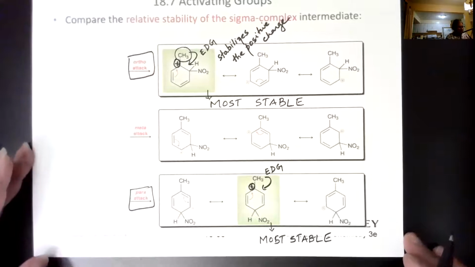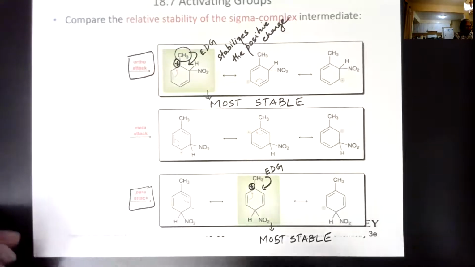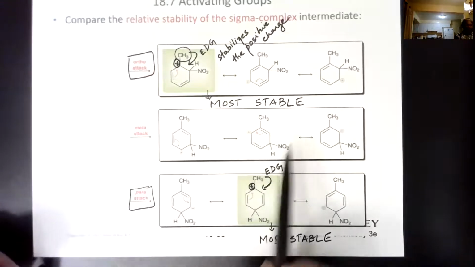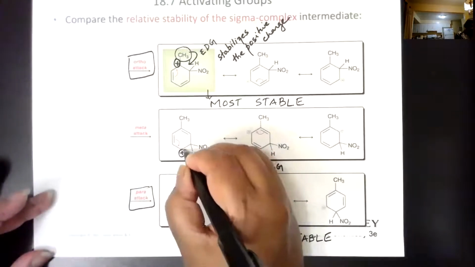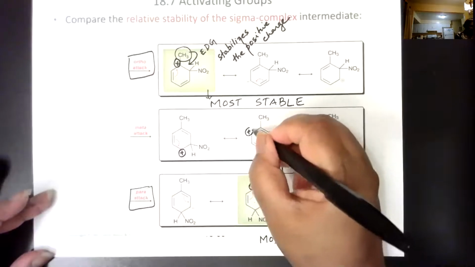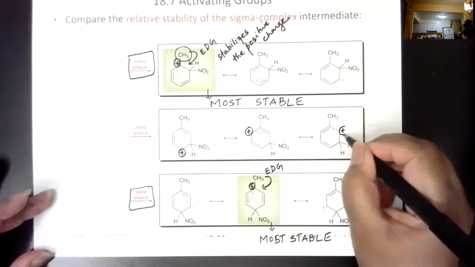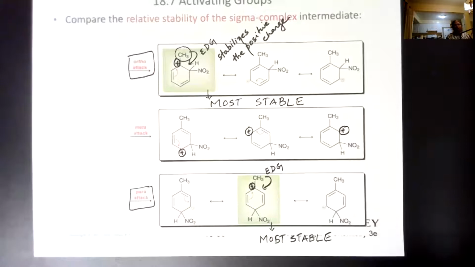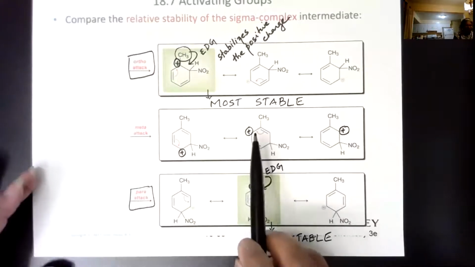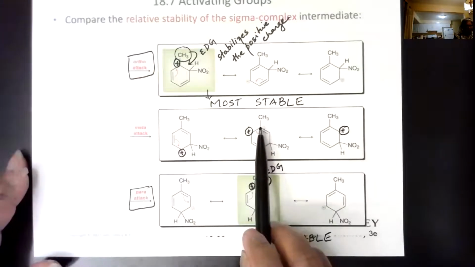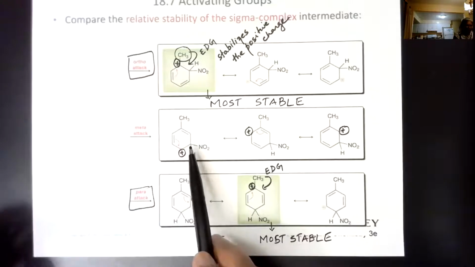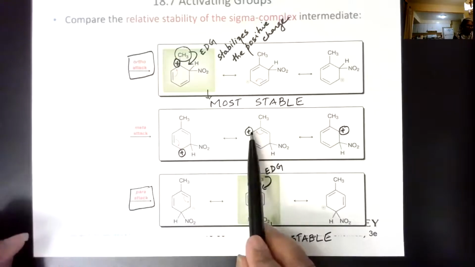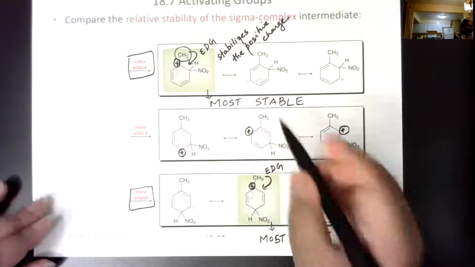Now, when the nitro group attacks the meta position, you do get three resonance structures like for the ortho attack and the para attack. But it so happens that this positive charge is not here. That's because of the location of this third position. This positive charge is not at this carbon.